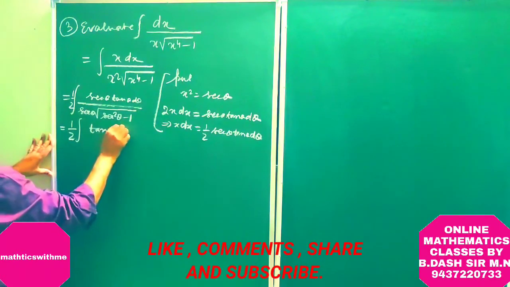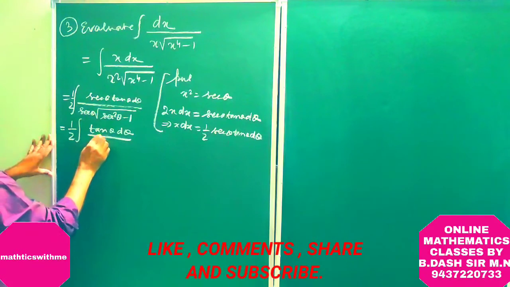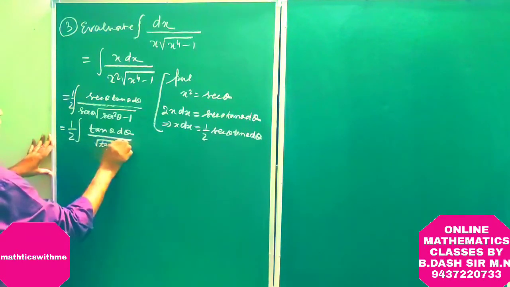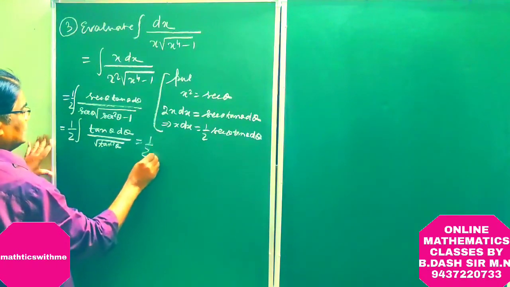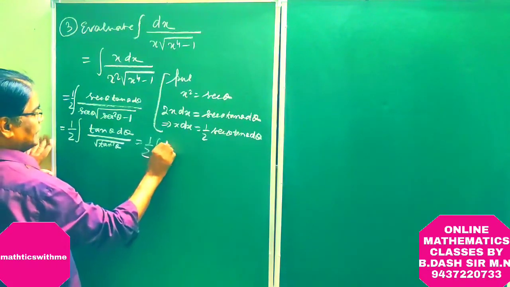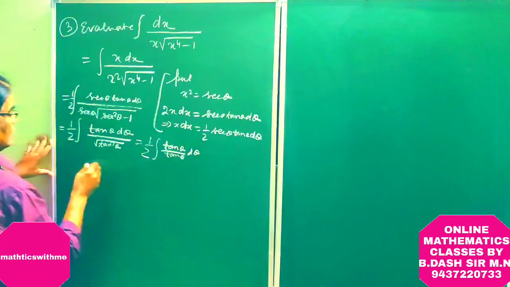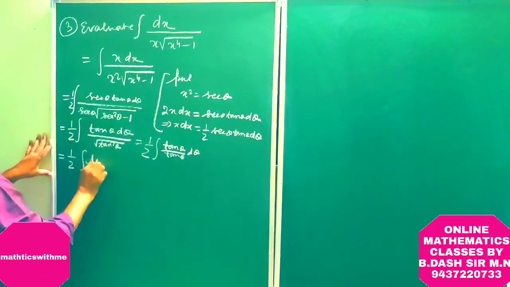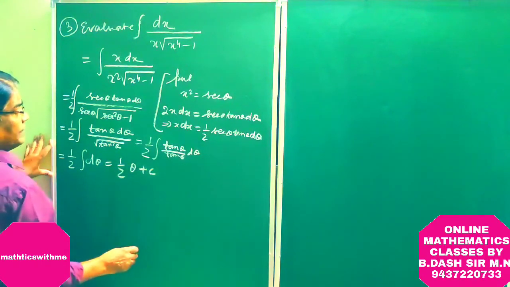integration of tan theta d theta. Sec theta cancels. This is root over tan square theta. This is equal to 1 by 2 integration of tan theta by tan theta d theta, which is equal to 1 by 2 d theta. 1 by 2 theta plus c.